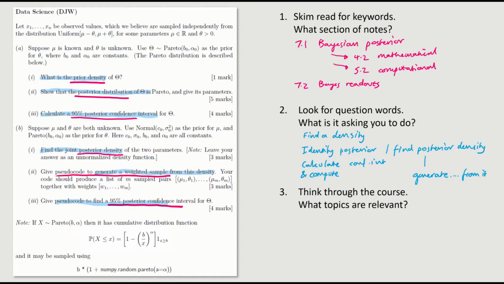Those are all the things that we're going to have to do. Again, it falls fairly squarely under section 7.1, 7.2, except for maybe the first bit, find a density. That should put you in mind of section 1.5 of the notes, where that was about likelihood and about calculating densities of random variables. Okay, let's dive in.